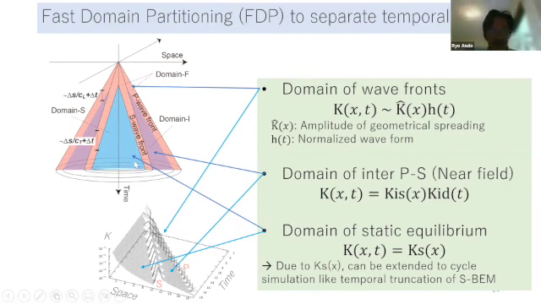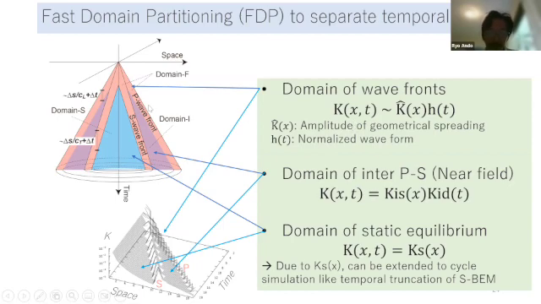As I described, the space and time dependence has a specific form for each of these three domains. So we have to separate the space and time. How to do it?